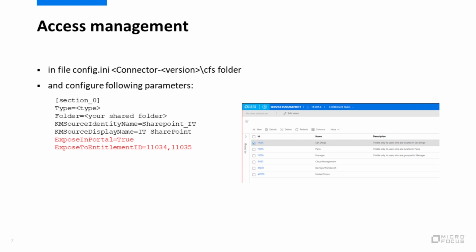Only people who are entitled by those entitlement roles will then see the data from a particular SharePoint site. If you keep exposed to entitlement empty, every user can see it. But that's one way to control access rights to those documents from SharePoint or from Confluence.